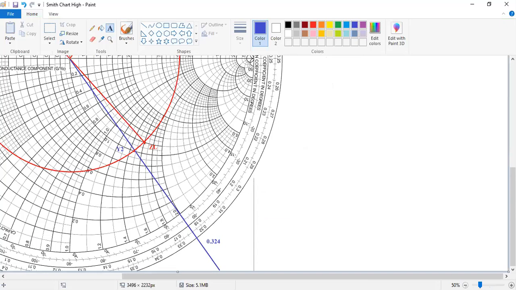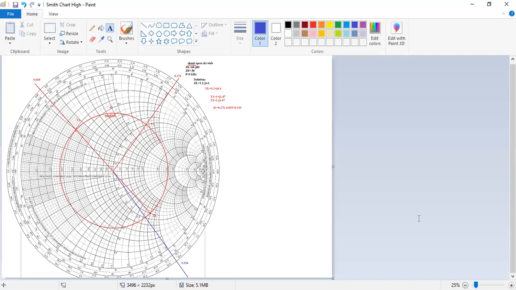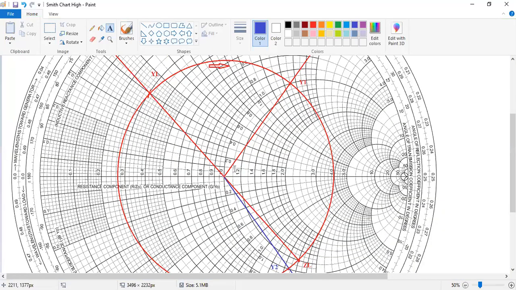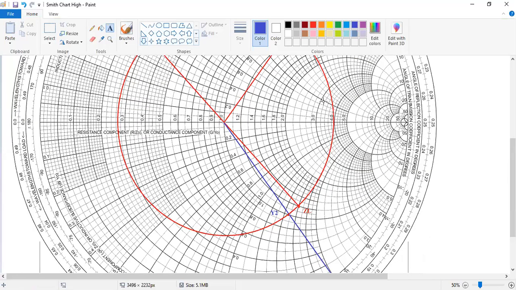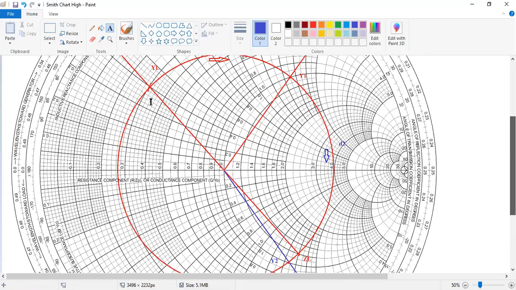Now how will we do the subtraction? Our thing is from YL to Y2. This is D2. YL is always the reference. YL to Y2. So what is your YL?